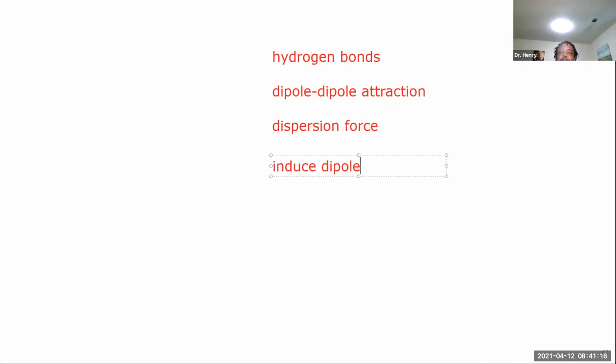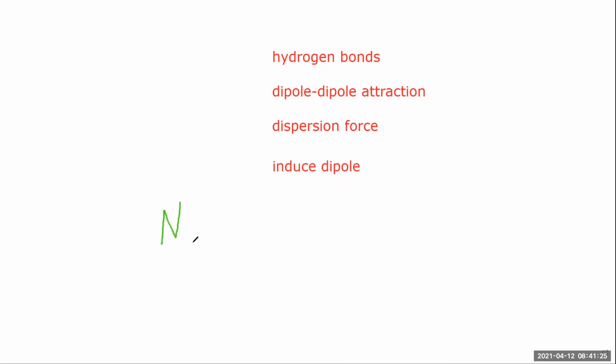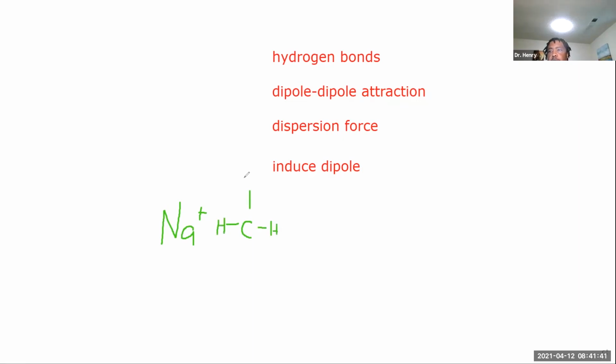So in other words, you give it something that's kind of sexy and you're like, hey, come on, bring those electrons towards here, right? So like in the case of if we had a sodium positive ion, it can induce dipoles because that has a plus charge, right? So then in the case of, let's say, methane, what's going to happen is that the electrons here are going to be induced to go in this direction where that sodium is at.